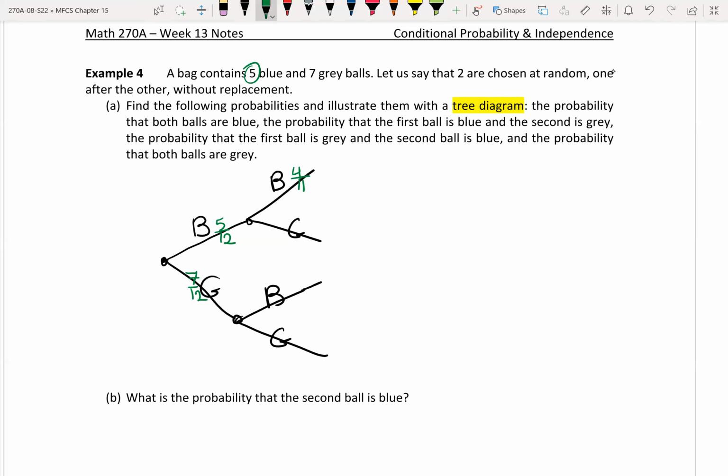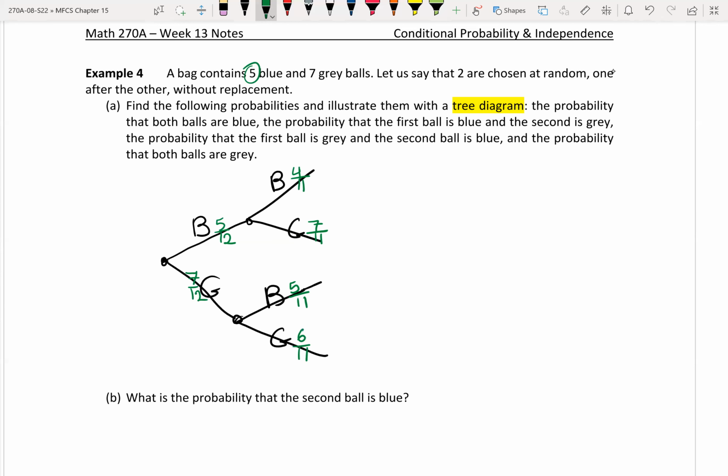Okay. And then what's the chance of having the second to be gray? Great. And then the first choice was a gray. So what's the second one to be a blue? No, you have one less. And then gray.